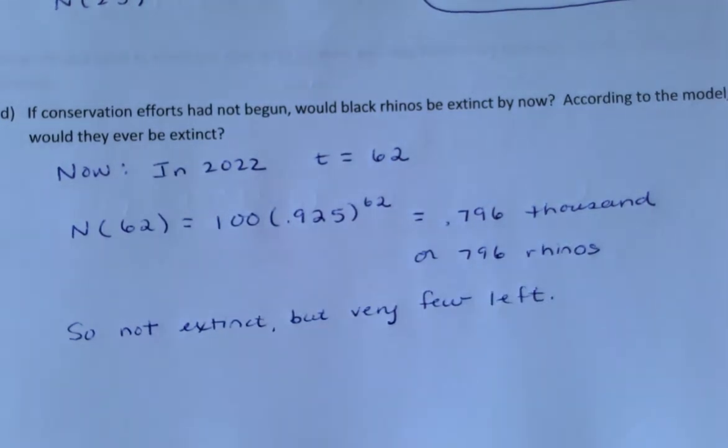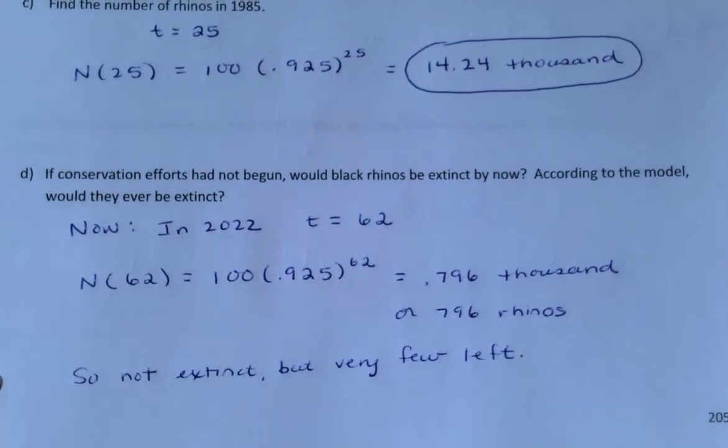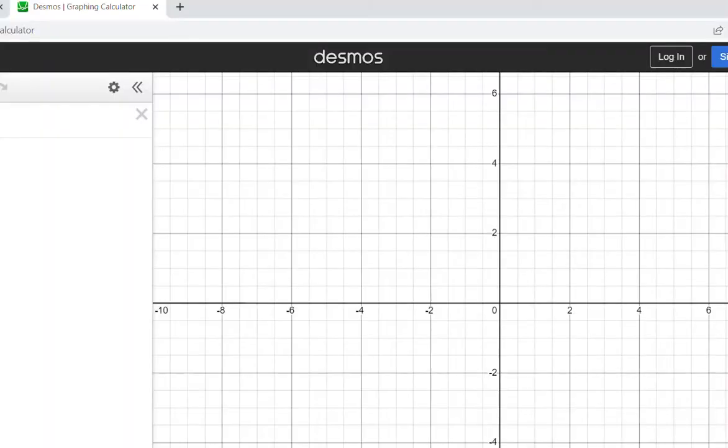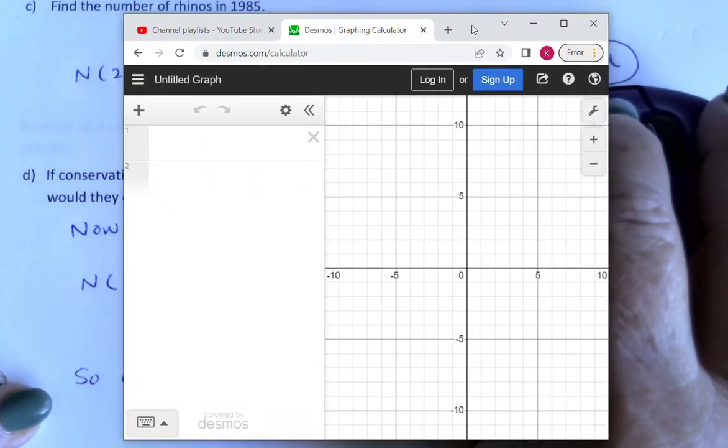All right. The other part of this question was, according to the model, would the rhinos ever actually be extinct? Well, let's go ahead and think about what that function actually looks like. And I think I have it on my screen behind me here. If I make it small enough, you'll be able to see it. There we go.